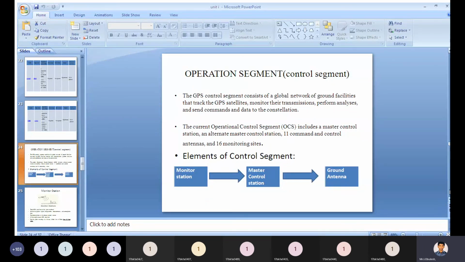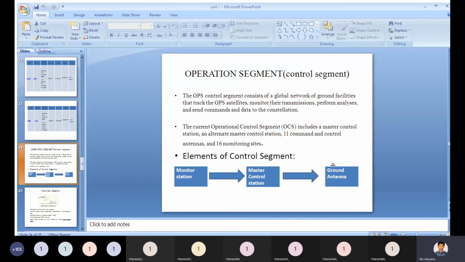So these are the elements of the control segment. First, you need to monitor the station. In the monitor station, we are going to see the transmissions and performance analysis, and we are going to send the commands and data to the ground antenna via the master control station.